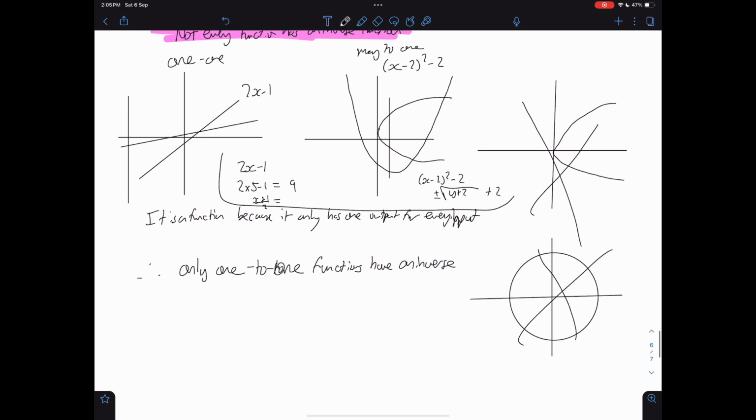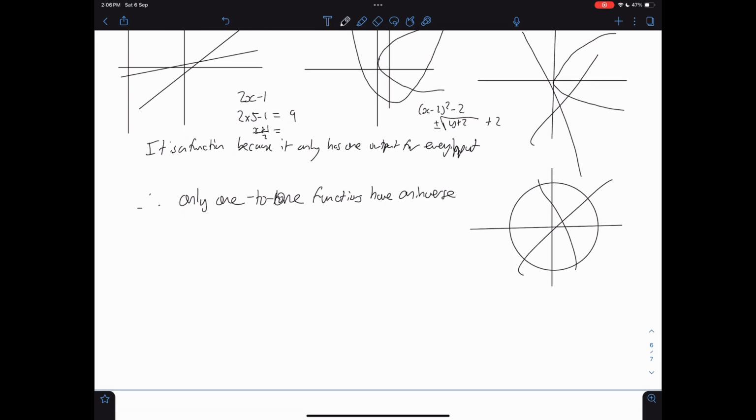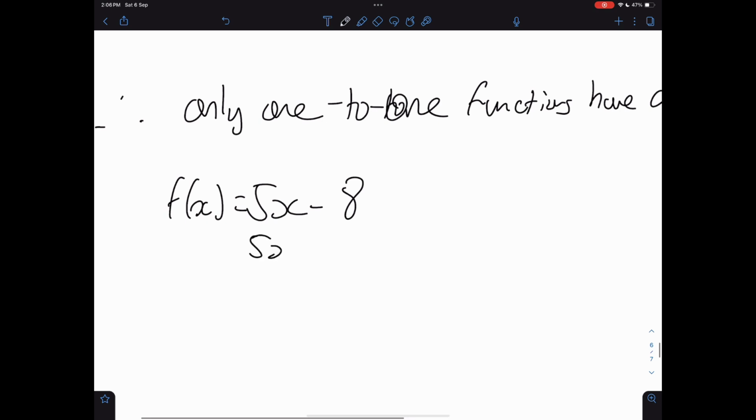I did a few things where I worked out the inverse functions, and if that's looking a bit confusing to you, I will now explain it. Essentially, the simple way, if I do a linear one again, is to replace f of x with y.